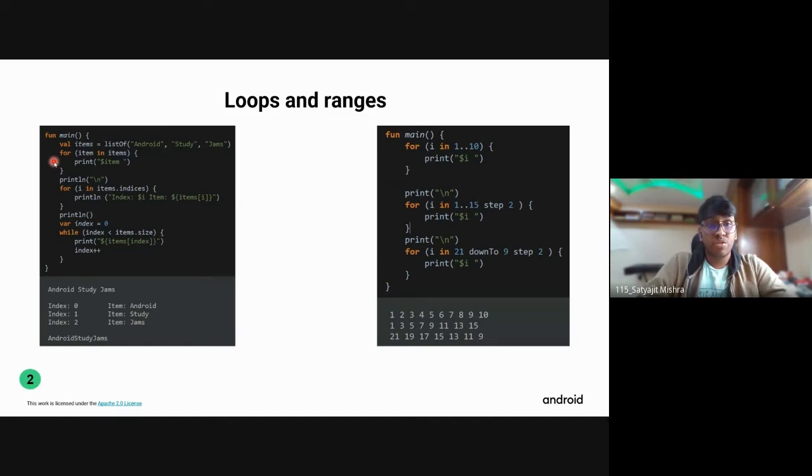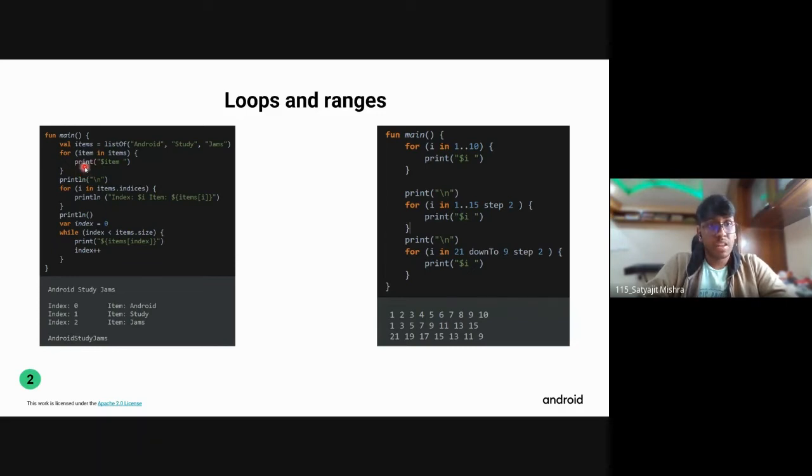Next, looking into for loops. In Kotlin, we can directly use the for-each type of for loop to iterate through a list. We also have the standard C-style for, but it's rarely used in these cases. If I want to iterate over the list items, I can write for item in items.